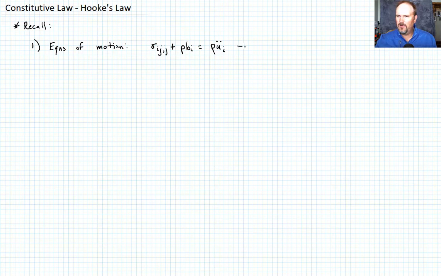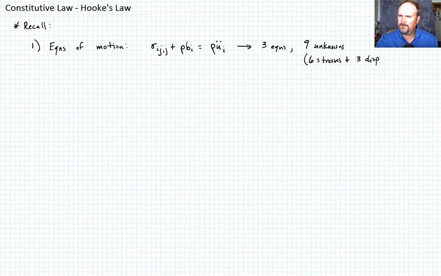Okay, so that set of equations represents three equations, and it gives us 9 unknowns. So the unknowns are 6 stresses and 3 displacements.